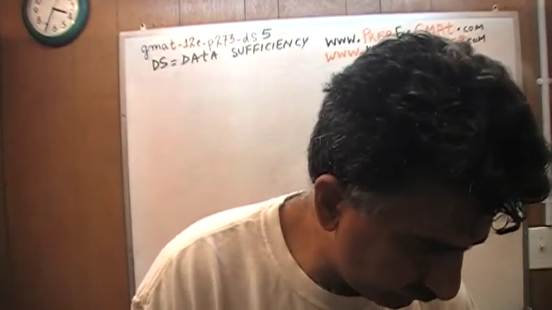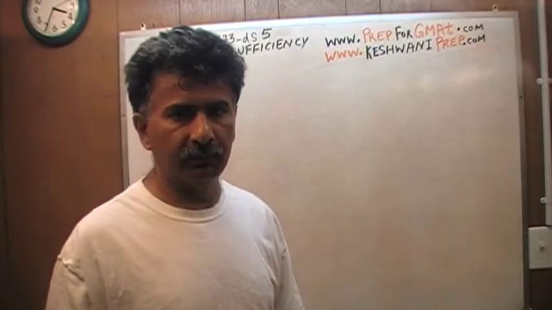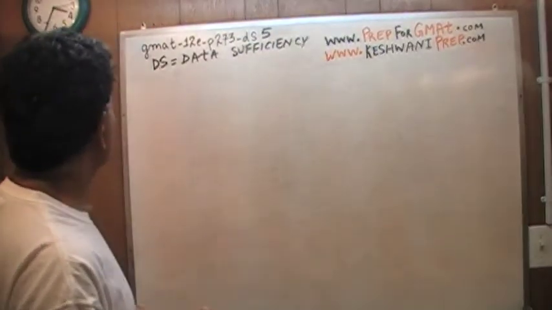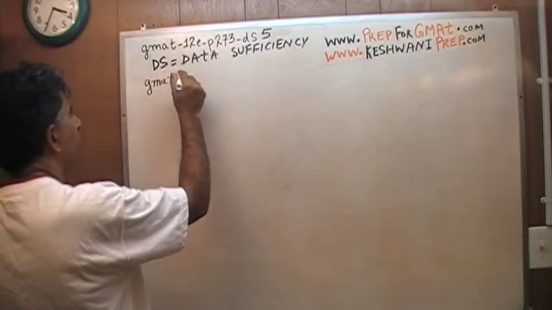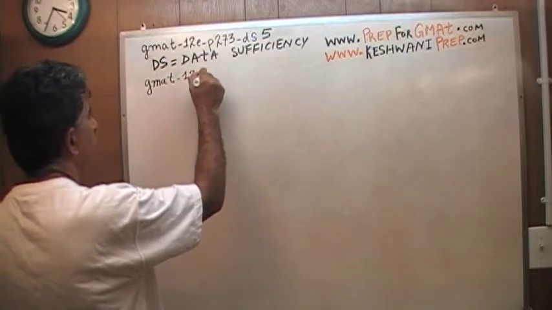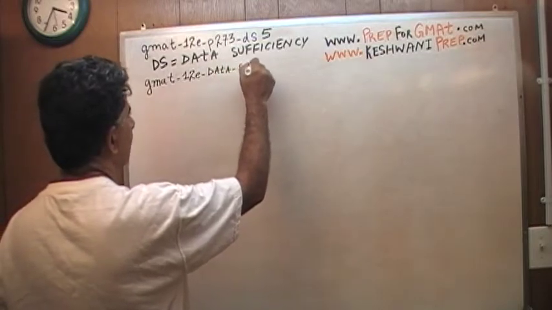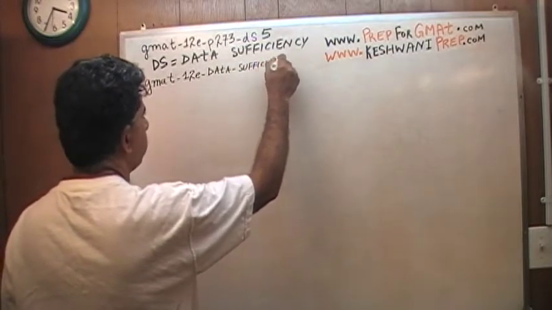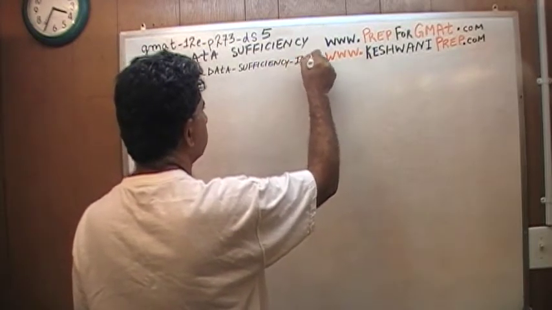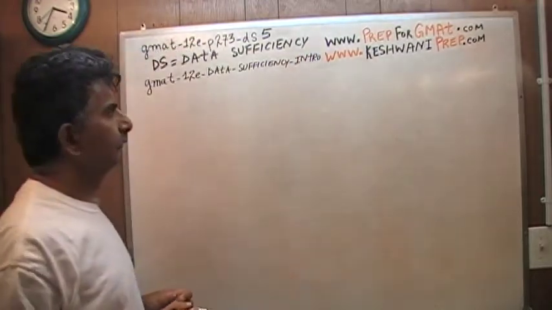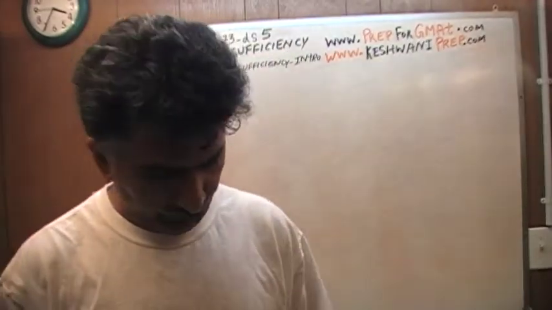Before I start the problem, let me quickly remind you what I talked about already in the first 4 clips, in the 1 through 4 and the intro. By the way, if you have not watched the intro, it's a good idea to do so. Just type in that tag, GMAT 12th edition data sufficiency intro, and it will pop right up.